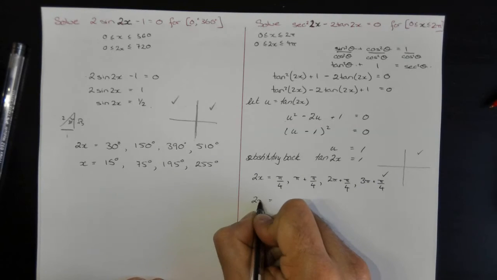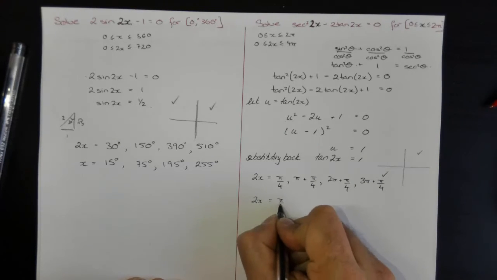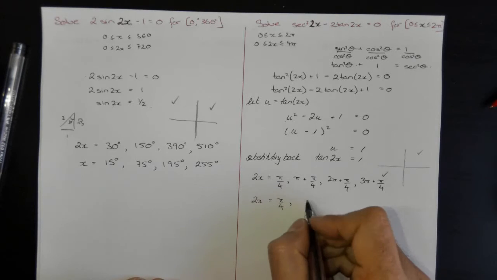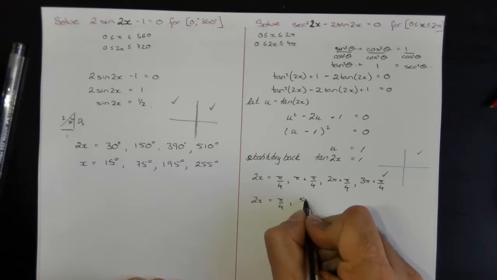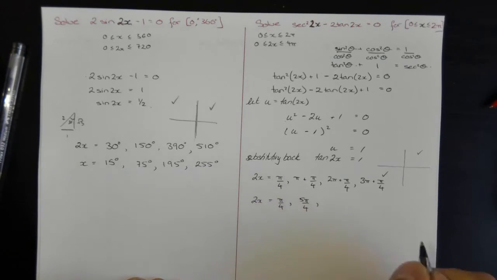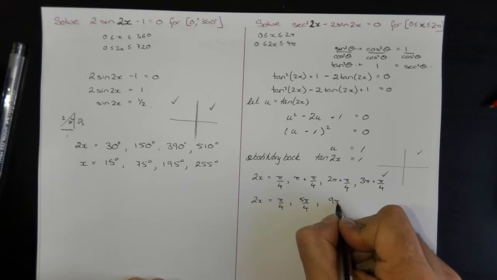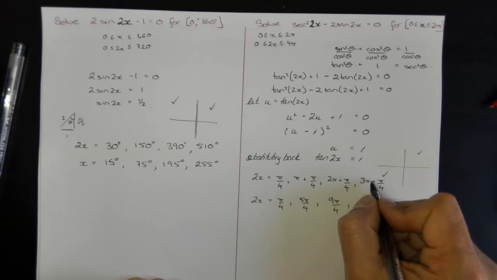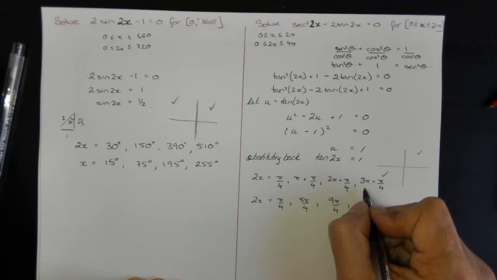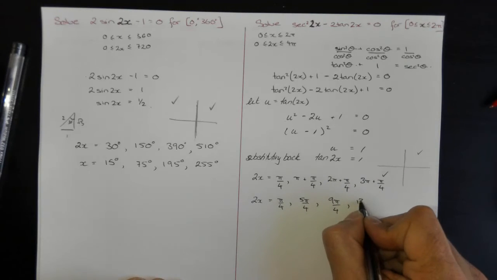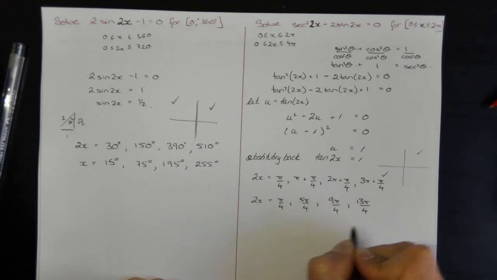So working that out, we get pi on 4. This becomes 5 pi on 4. That becomes 9 pi on 4. And this will become 13 pi on 4.